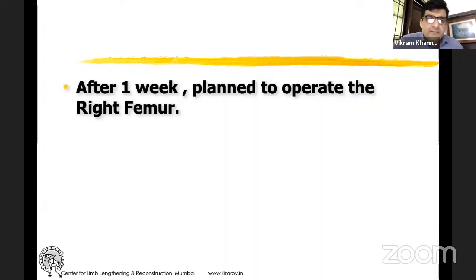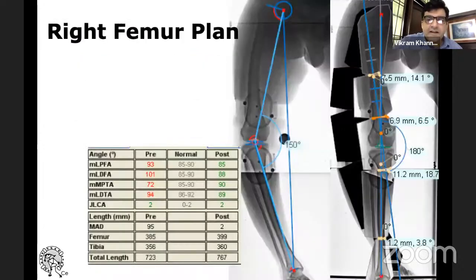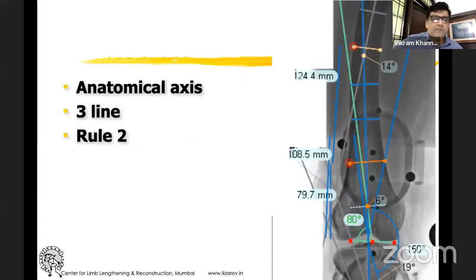After 1 week, we had planned for the operation of the right femur. For the right femur, again, TraumaCAD planning was used to identify the levels of osteotomy, and the target MPTA and LDFA were kept at 90 and 88 degrees respectively. This X-ray image shows the level of the osteotomy plan.